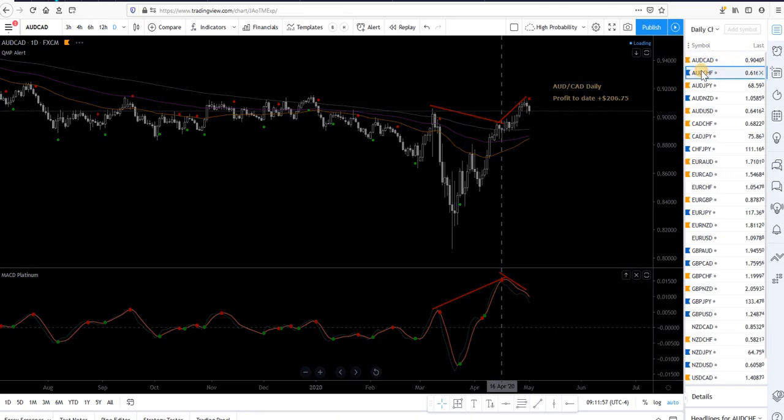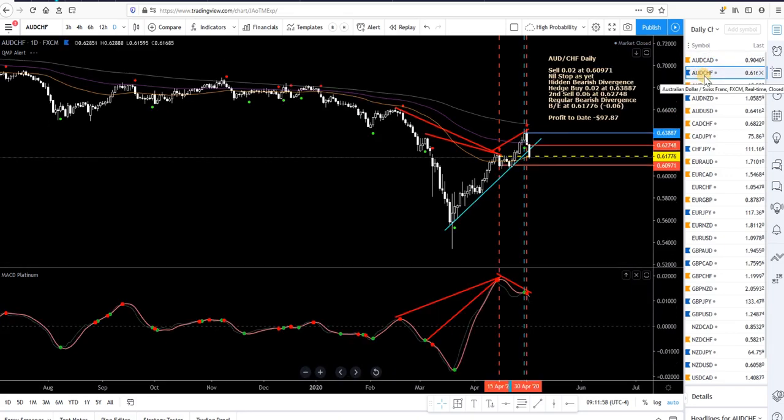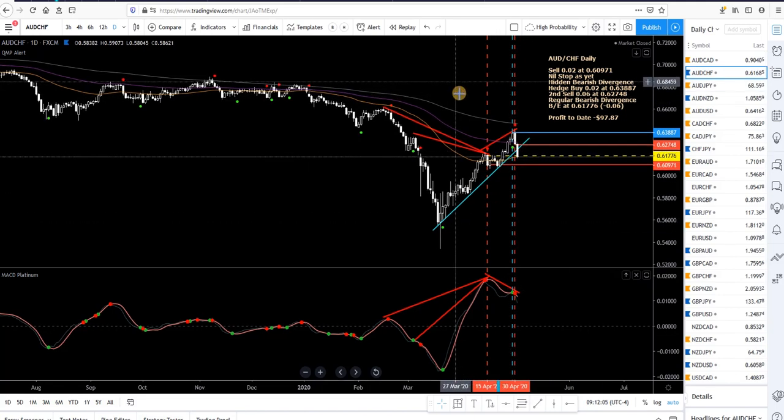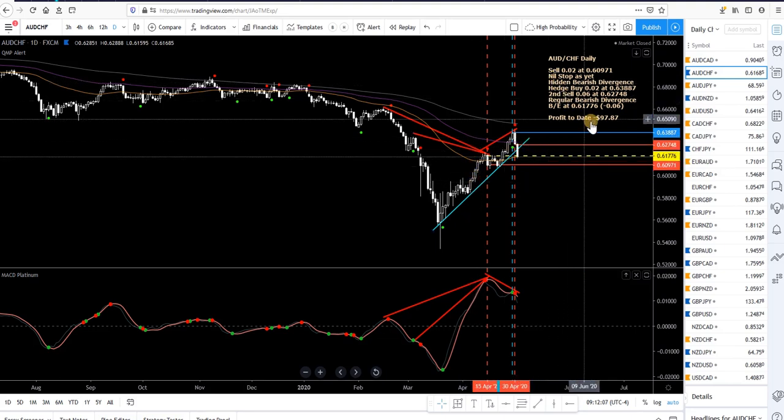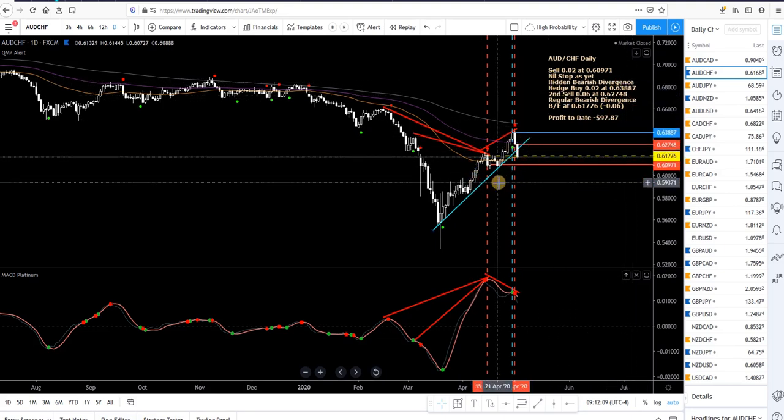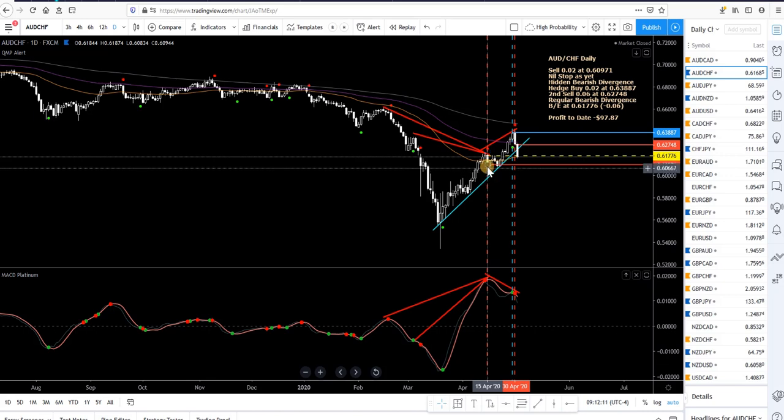Now, moving right along, Aus-Swiss. All right, you can read my notes, as I always say on these videos. If you can't understand me, I'm talking too quick, or I'm going through it too fast. So my sells are designated by the red lines, a vertical dashed line and a red solid horizontal line.